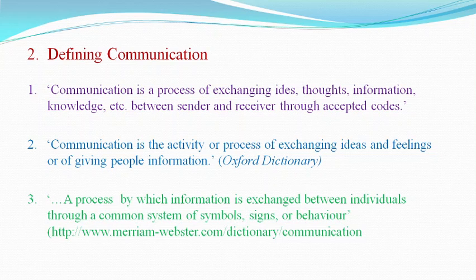The third definition: communication is a process by which information is exchanged between individuals through a common system of symbols. Common system of symbols definitely refers to a common, understandable language for the reader as well as the listener and speaker. Common symbols, signs or behavior. This is also a good definition. Communication is a process.